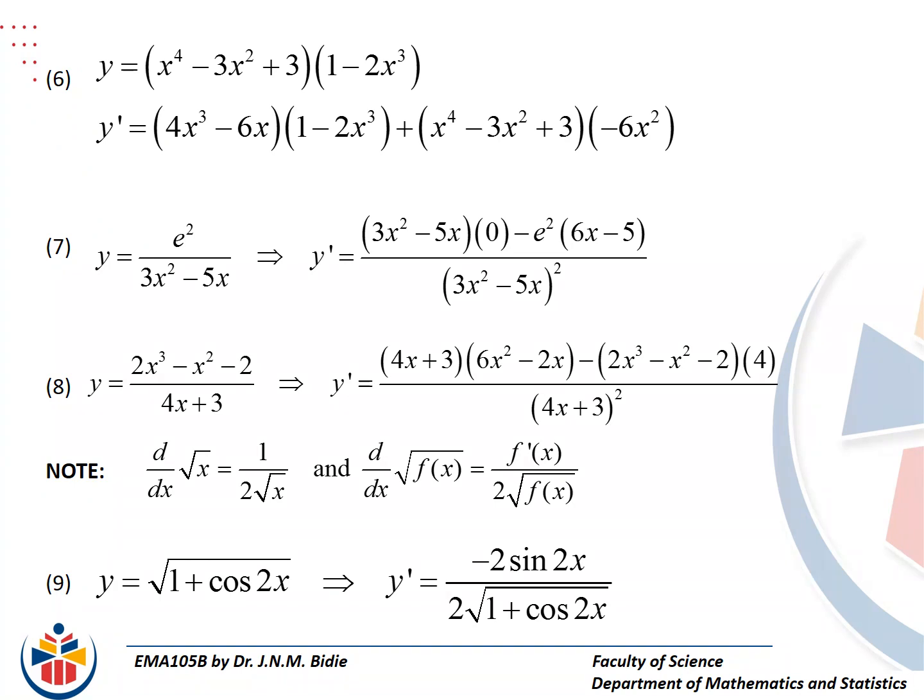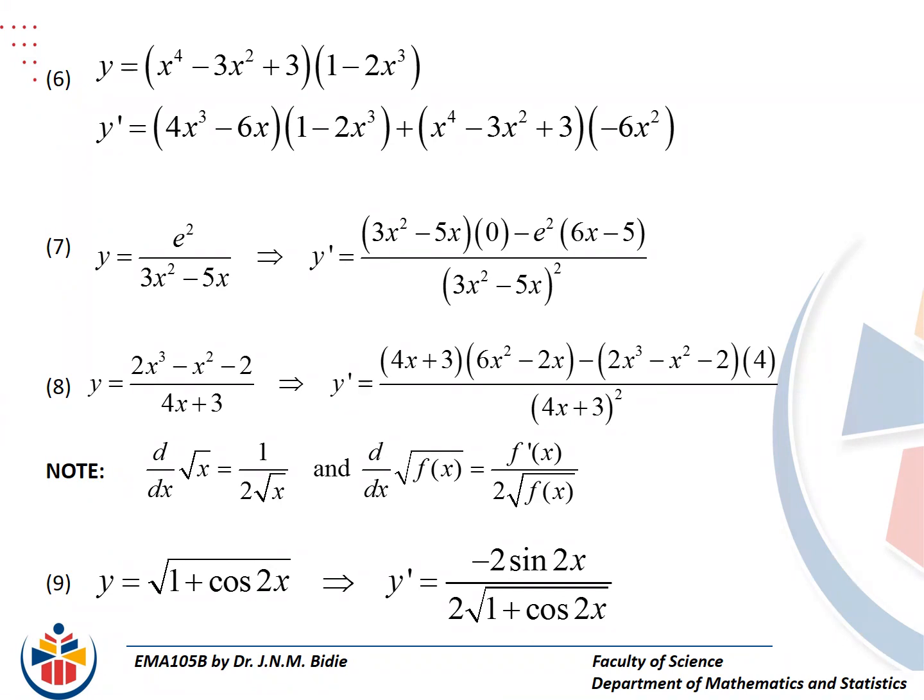First things you do, find the derivative of the first bracket. The derivative of the first bracket gives us 4x cubed minus 6x, because the derivative of 3 is 0. Put that in brackets and you take down the second bracket as it is, plus.